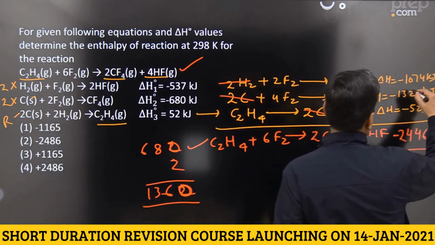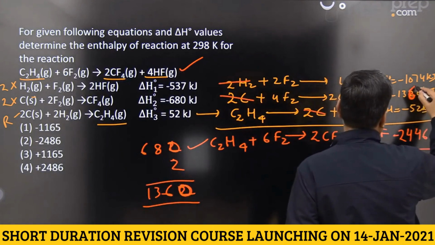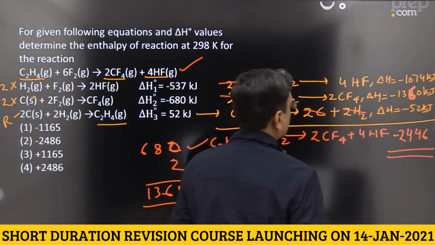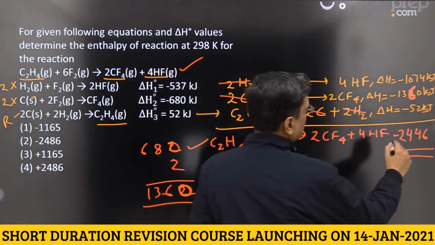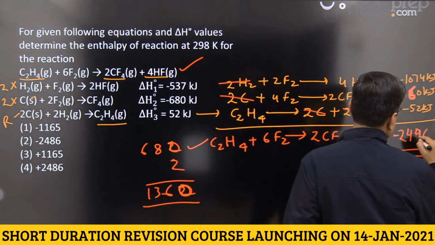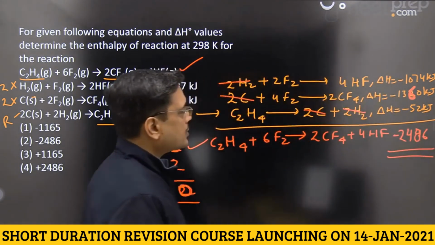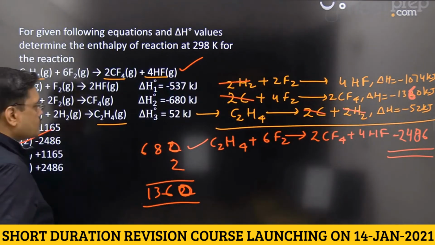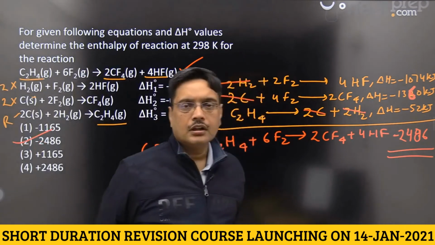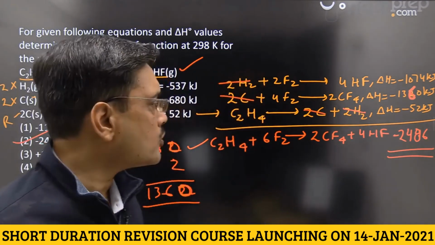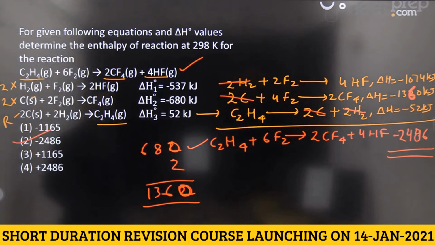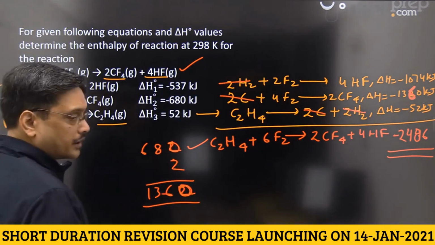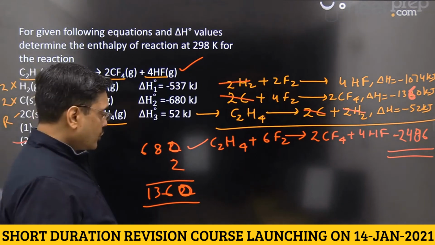Oh yes, this is the mistake. This is minus 1360, so it must be minus 2486. So this is the answer, minus 2486. This question is purely based on Hess's law. Done? Move forward.